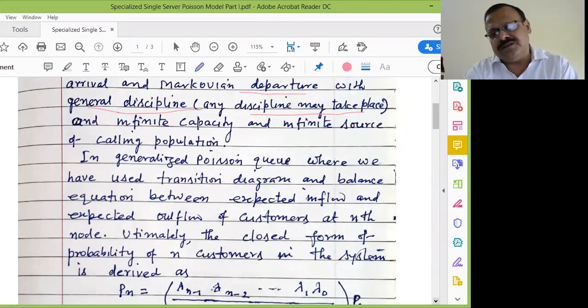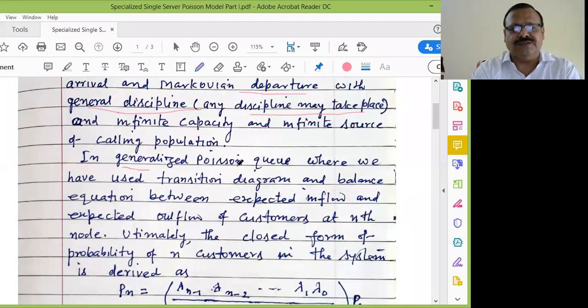And if you remember the previous discussion in the generalized Poisson queue, I am taking you on the journey of the generalized Poisson. There was a very popular transition diagram, and out of the transition diagram, we developed some relations by adopting the inflow and outflow of the customer at a particular node, the general nth node.